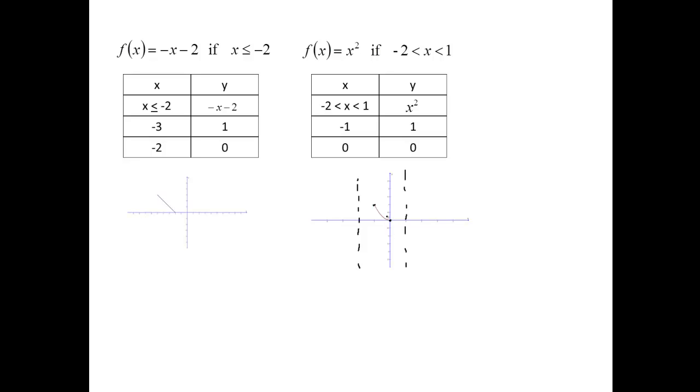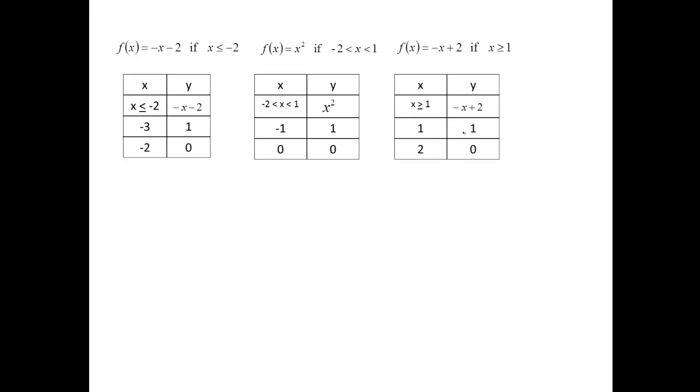And we know what x squared looks like. X squared is a parabola, so it's going to have this shape to it. Now there's some gap in between here that we'll talk about a little bit later. So now if we bring in this third part of this piecewise defined function, that was for where x was greater than or equal to 1. And when x is greater than or equal to 1, y is defined as minus x plus 2.